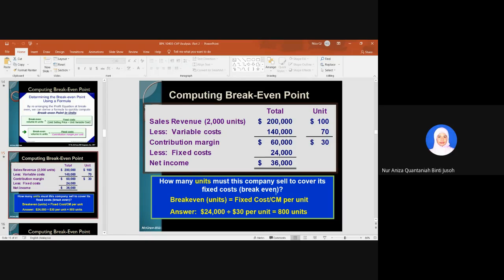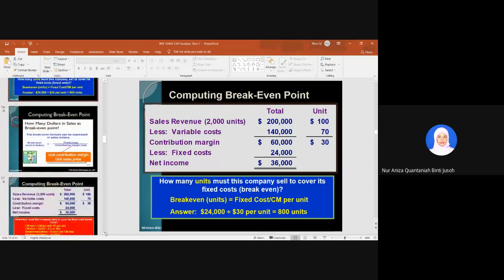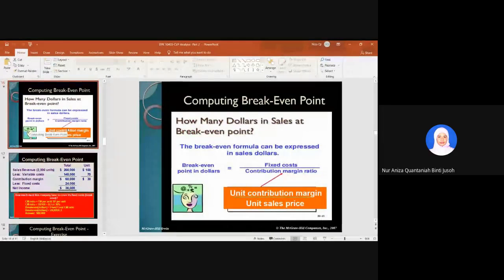Replace the contribution margin per unit with the contribution margin ratio to get the answer for sales in dollars. So if you want to determine the amount in dollars, you use the CMR.